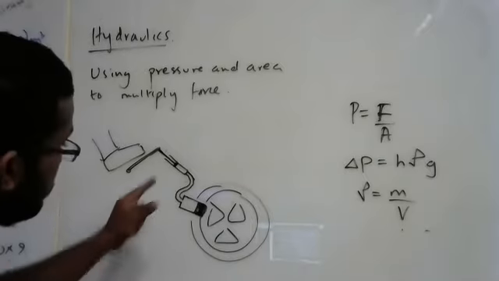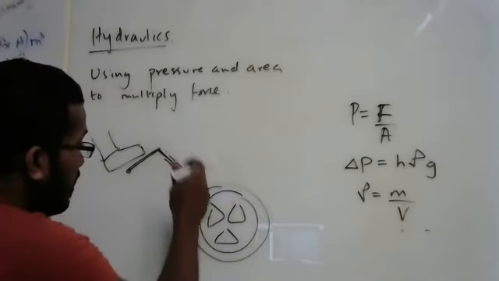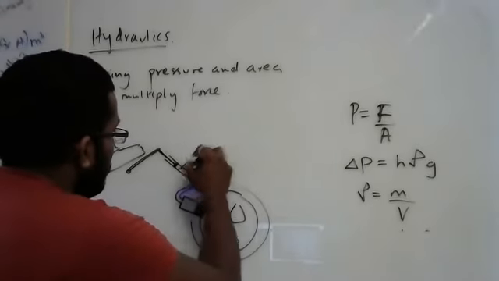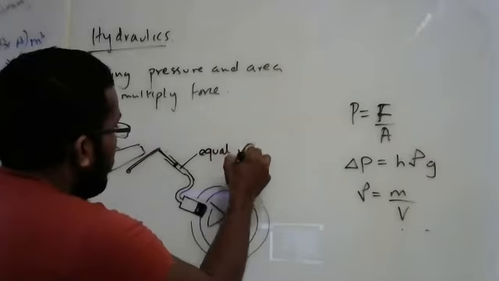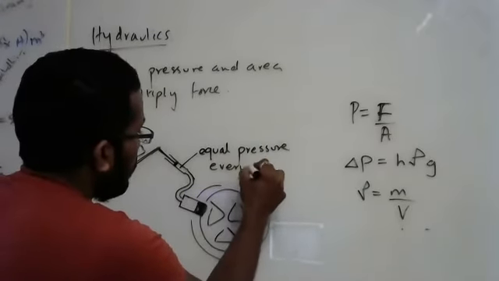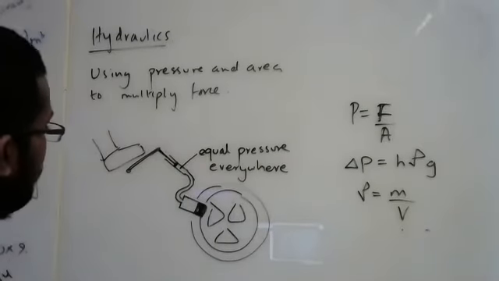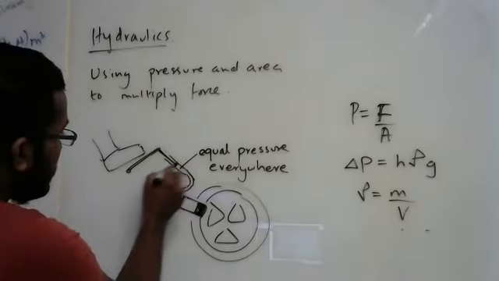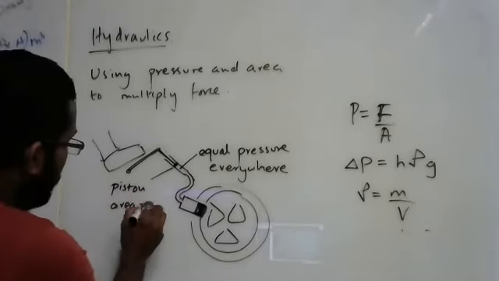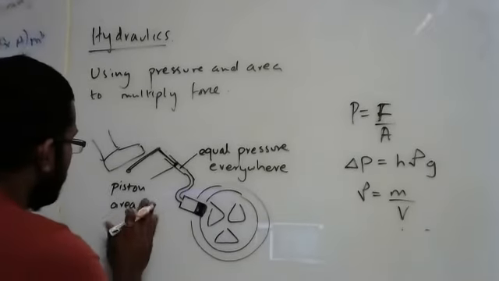Now, the concept here is that inside the tube, within this liquid, the pressure is constant, right? Equal pressure everywhere. And then here, this piston area equals 4 square centimeters.